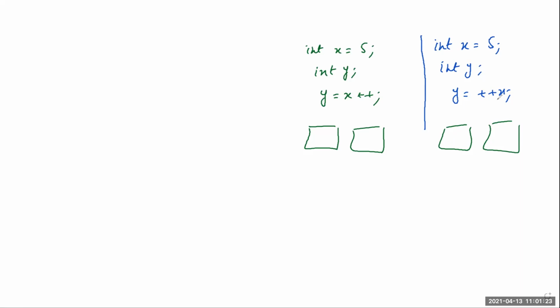So x was 5, x will become 6, and then this new value 6 will go to y. So this is x and this is y.